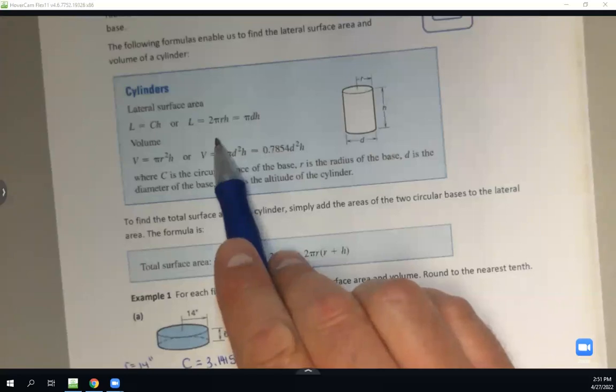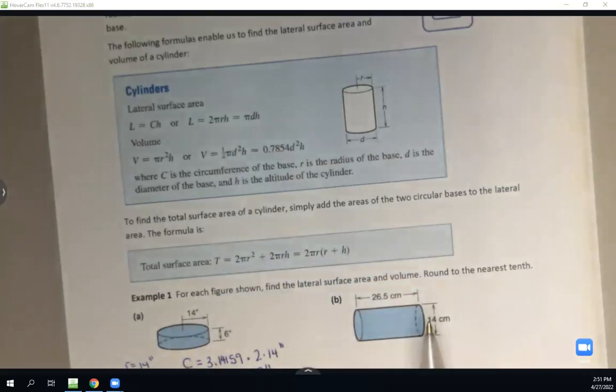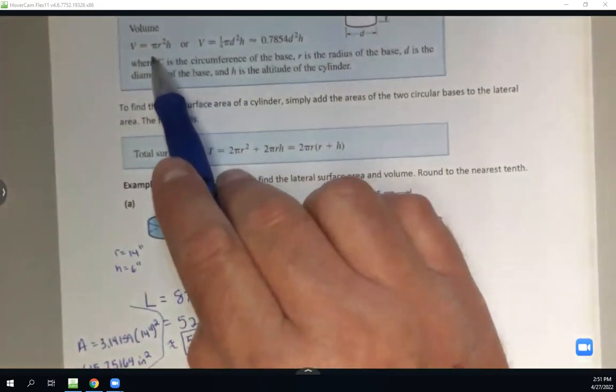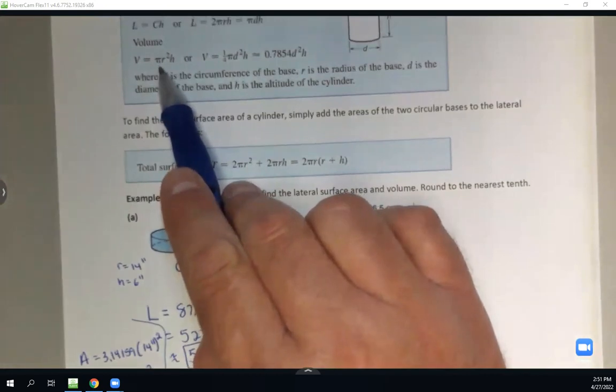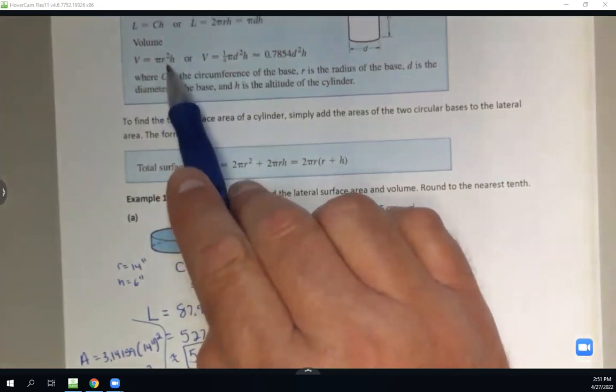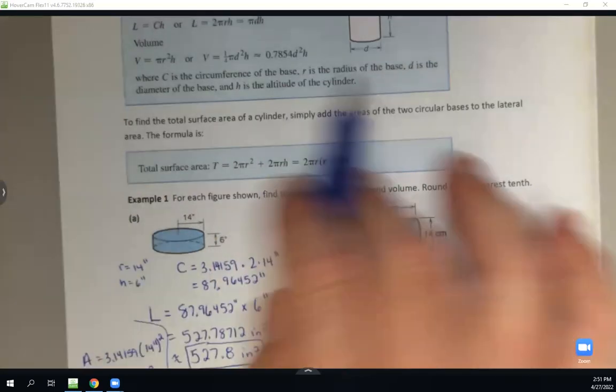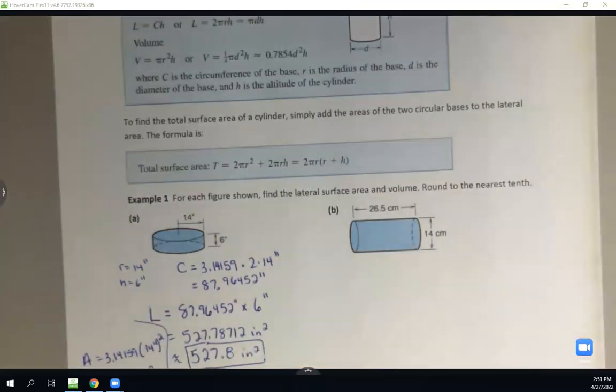Likewise, for the volume, I could have taken 3.14159 times 14 squared times 6, and that would have given me the answer all at once. You're perfectly welcome to do that. I'm just trying to keep the same process that we had from section 9.1, so you don't really have to know new formulas. You're doing the same thing.